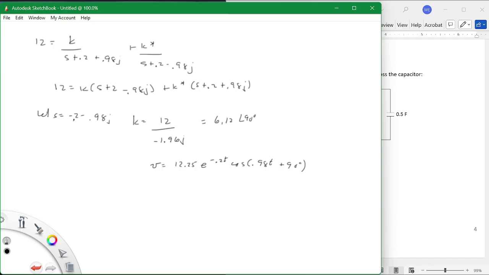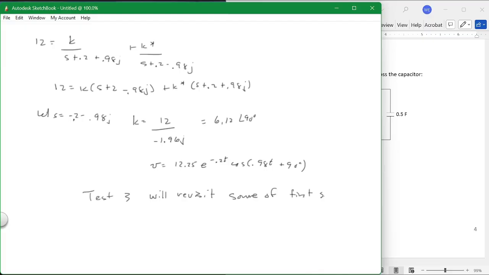So we're on to the last part of these problems. So what is ahead of us? A third test. So test 3, I think, we'll revisit some of the first 30 problems.